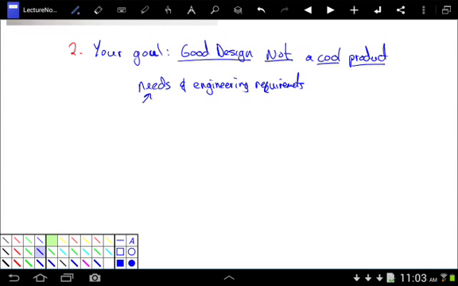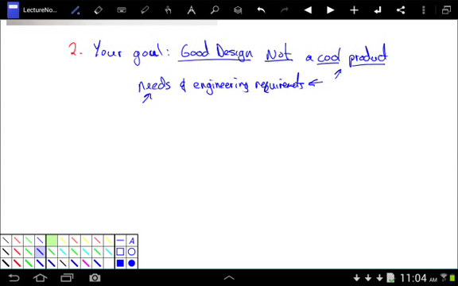Like, they say it has to be strong enough to hold up a person. Well, what does that actually mean in engineering requirements? Well, it has to hold probably 350 pounds, right? Something like that. This is what you have to satisfy, not something cool, not something that is neat.